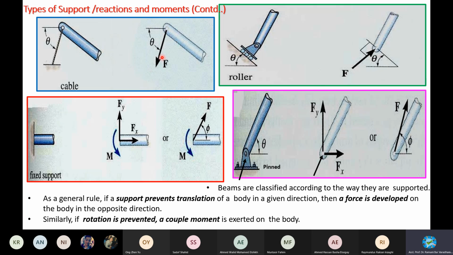Don't worry about the value or the sign, but it will exert in the direction where it is restrained. So this type of movement is restrained, that's why it's reacting in this direction.